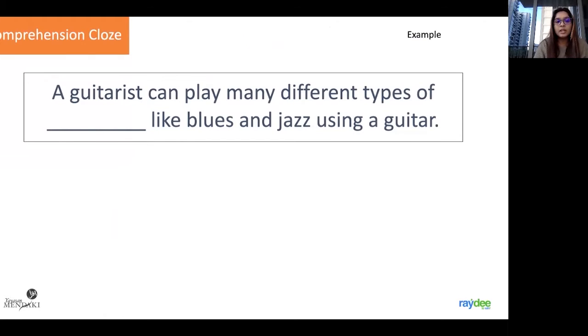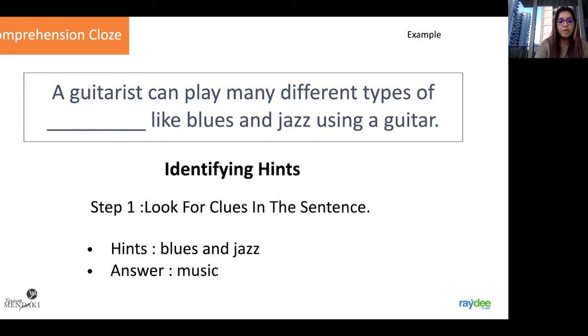After the blank, you notice "like blues and jazz", and you must explain that "like" introduces examples. Blues and jazz are genres of music. So the answer would be music. A guitarist can play many different types of music like blues and jazz using a guitar.